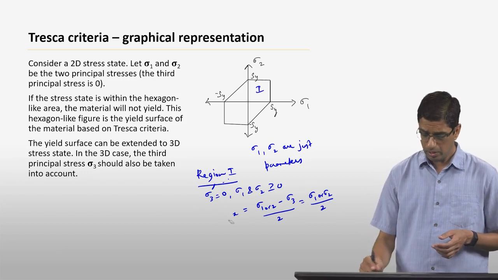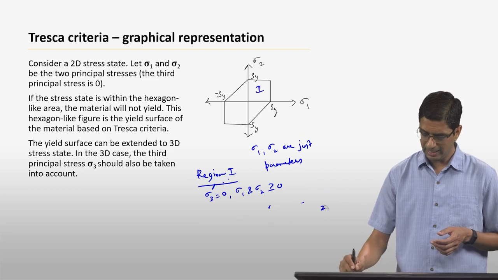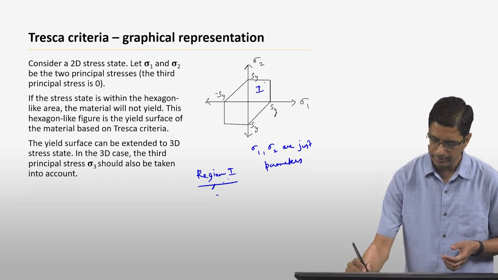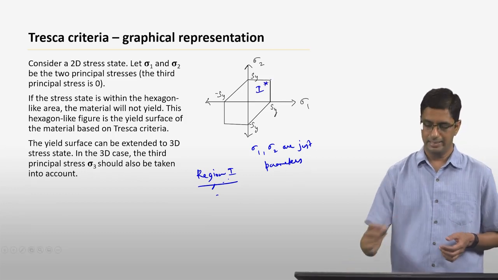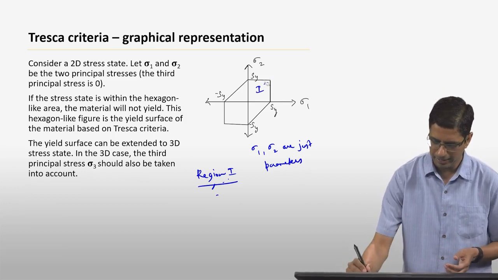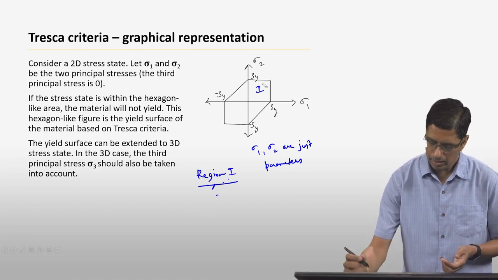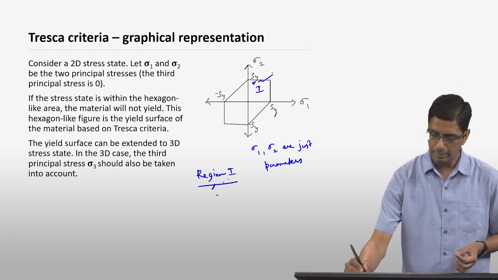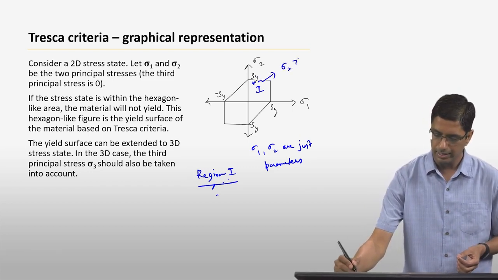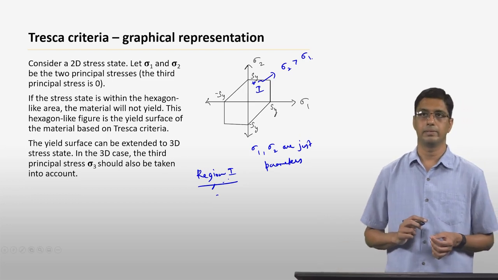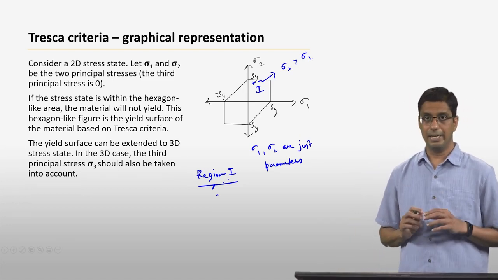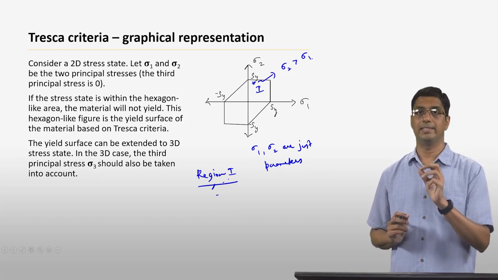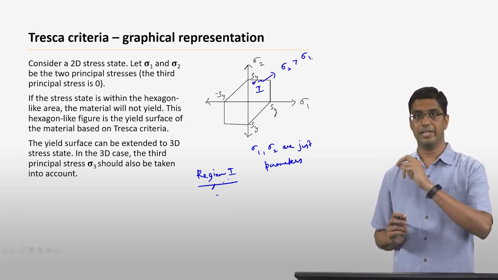Another way to think about it is to look at a specific point here. Actually, let me choose a better point to illustrate this. Let's say you choose a point here. At that point, your sigma 2 is greater than sigma 1. So in this case, sigma 2 is the highest principal stress, sigma 1 is the second principal stress, and sigma 3, of course, is 0.